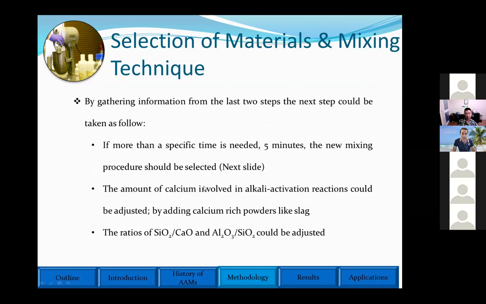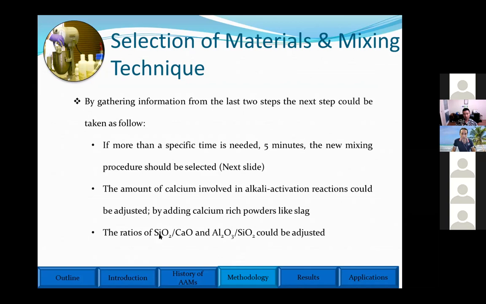And then the amount of calcium. The calcium is very important for the setting and hardening of alkali activated materials. So the adjustment of the amount of calcium is very important. We need to think about it. For example, if I use type F fly ash that has lower percentages of calcium, I have to pre-mix it with slag or something that has higher percentages of calcium, and then introduce the chemicals.